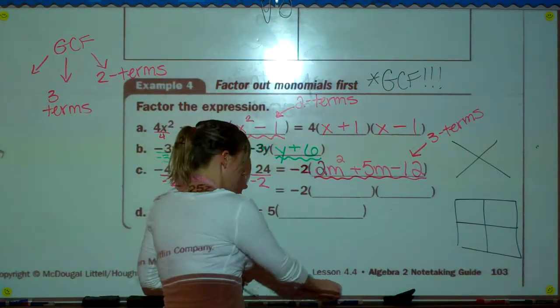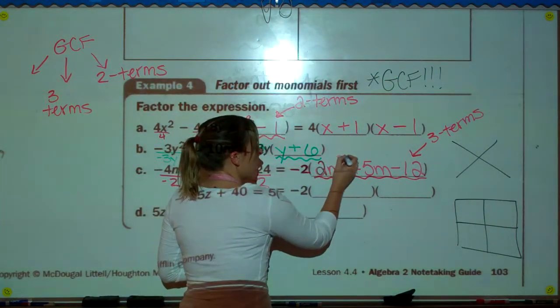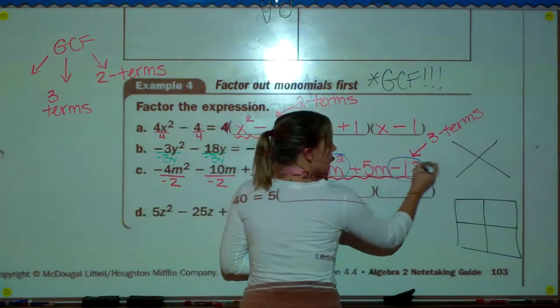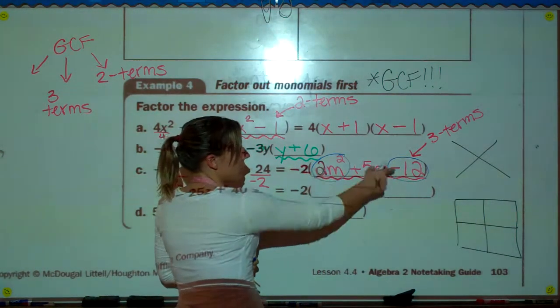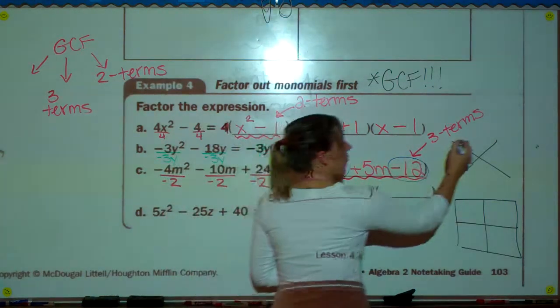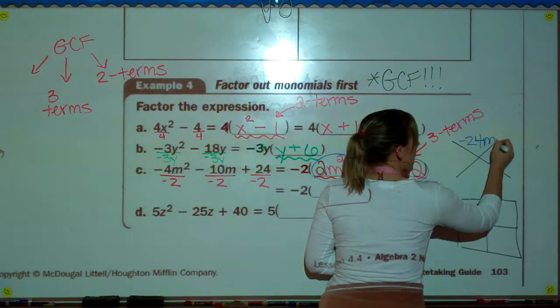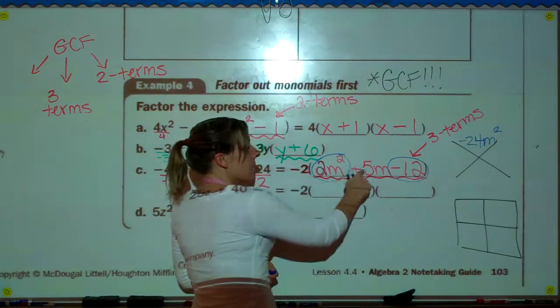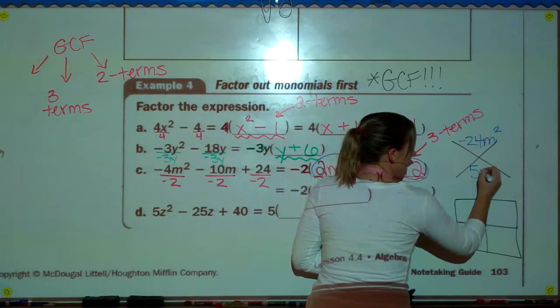So I would multiply first times last. I get 2m squared times negative 12 is negative 24m squared. Put that in the middle. That's a 5m.